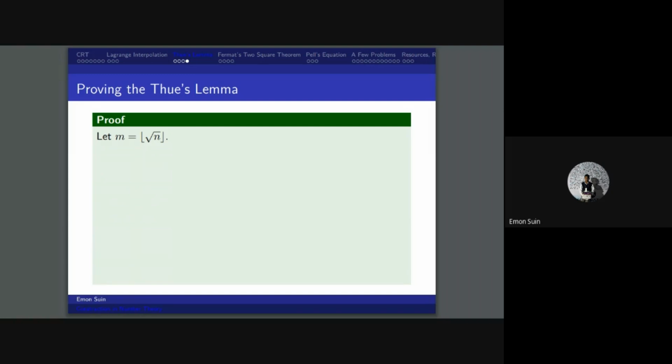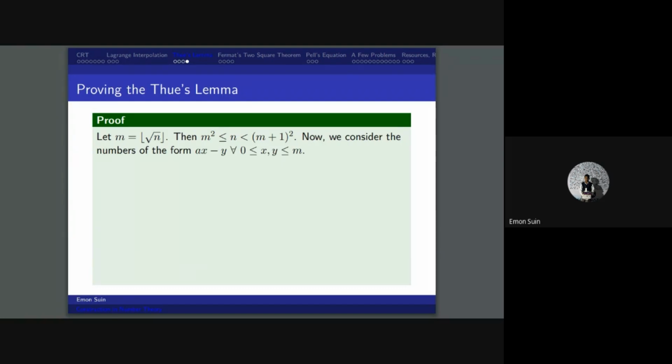We can say that, right? So that means we square everything. Then we have m squared less than or equal to n, which is less than m plus 1 whole squared. So now consider all the numbers of the form ax minus y.